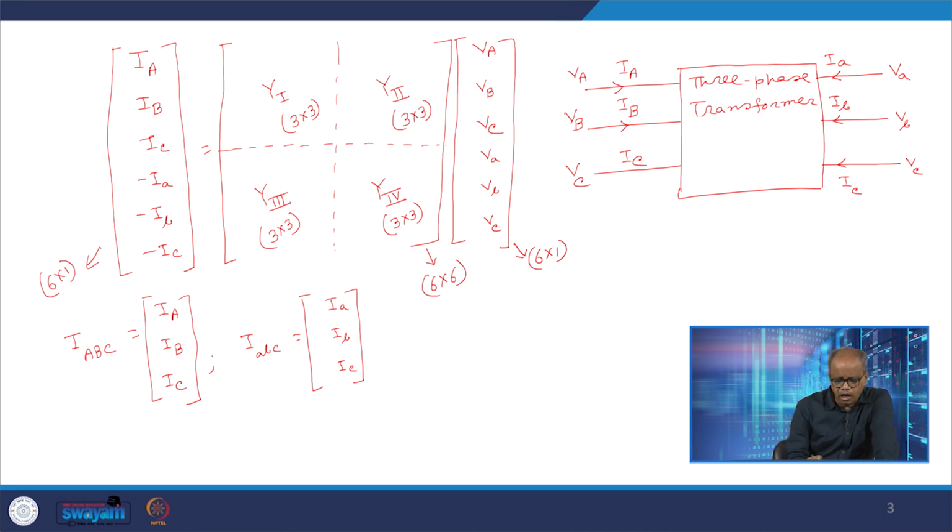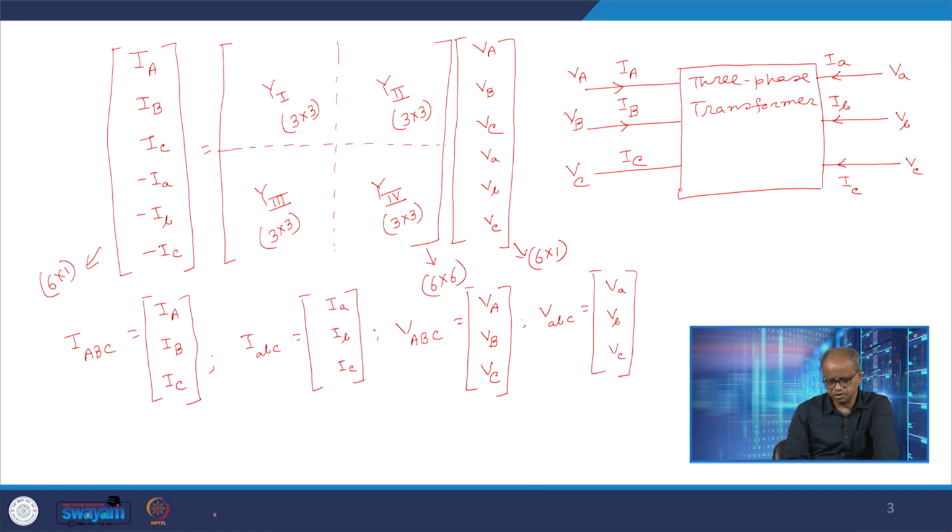Now, in a similar vein, we have also defined V A B C as V capital A, V capital B, V capital C, and V small abc as V small a, V small b, V small c.